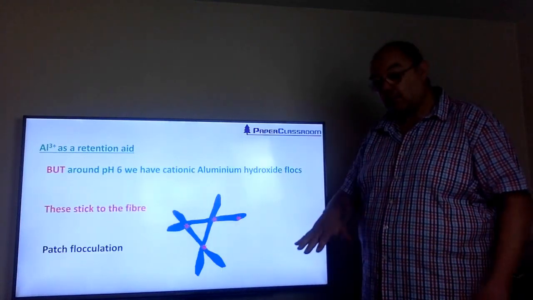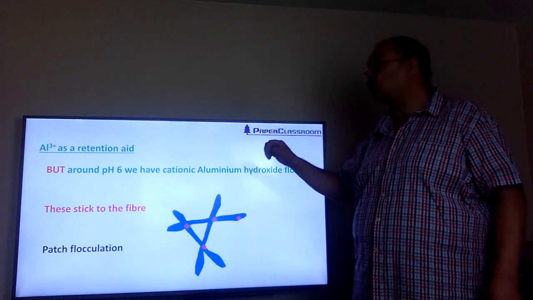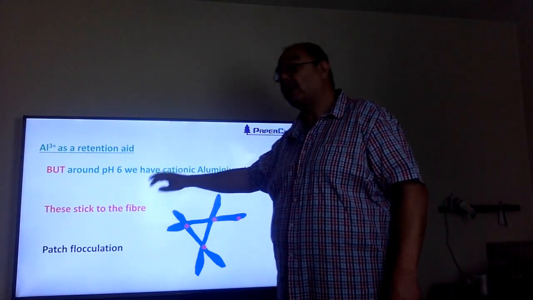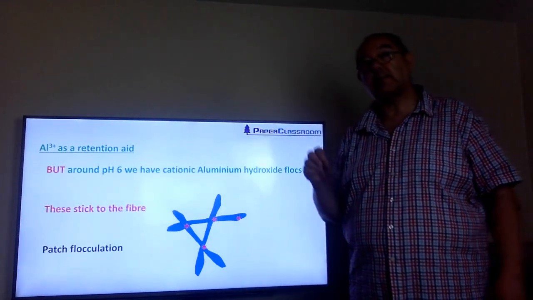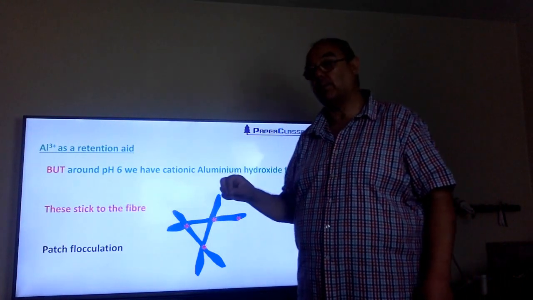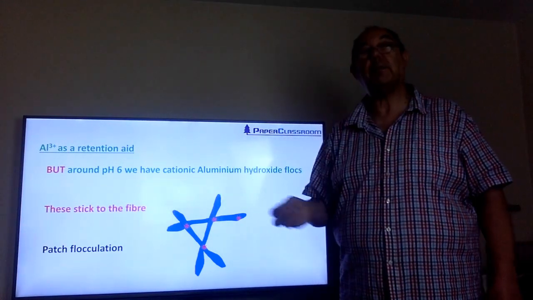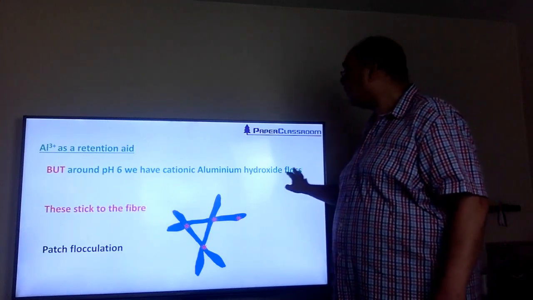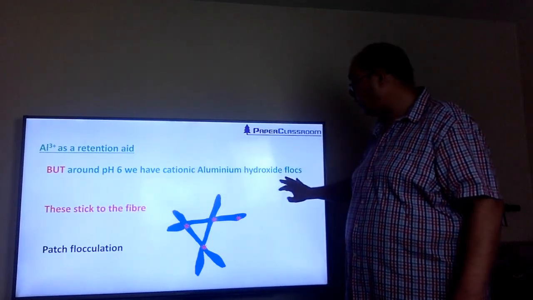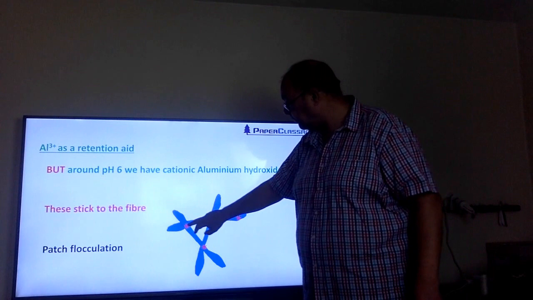But if you raise the pH, getting towards neutral, to around 6, then aluminium no longer exists as individual aluminium ions. It forms aluminium hydroxide. So these are cationic aluminium hydroxide flocs that are represented here.